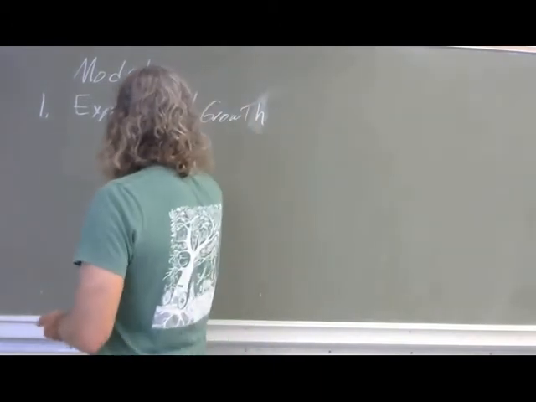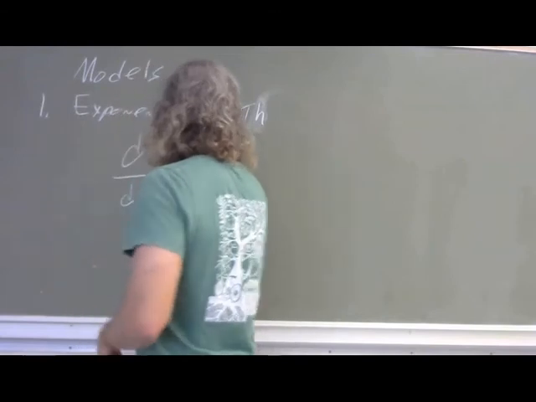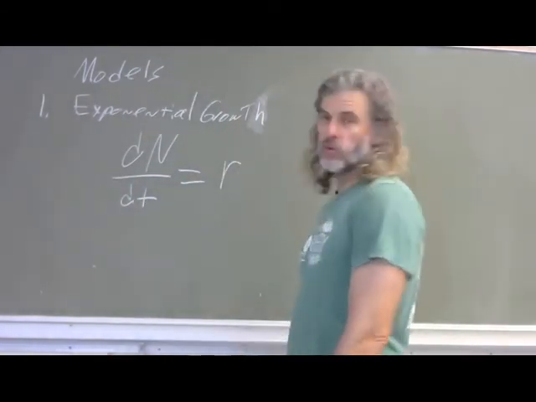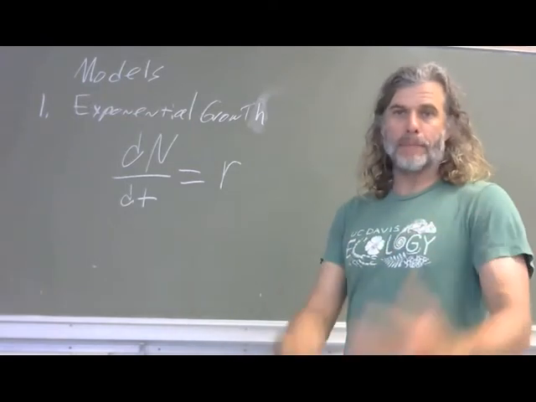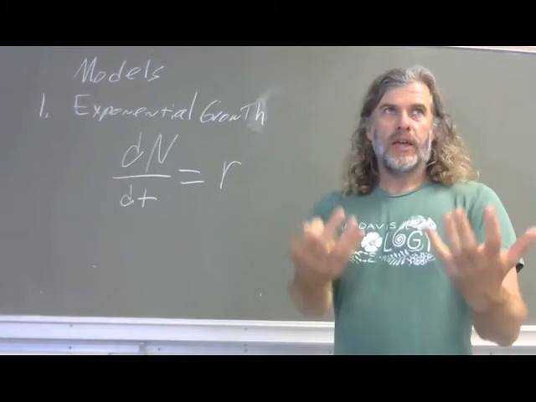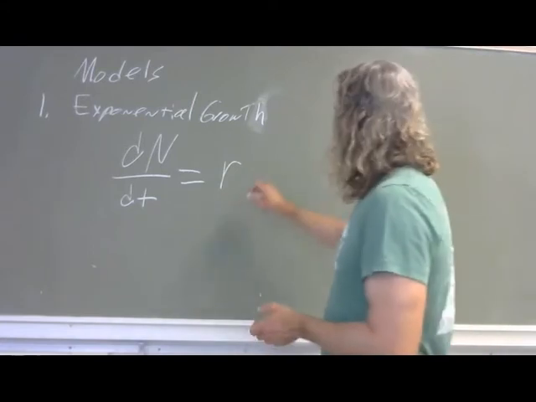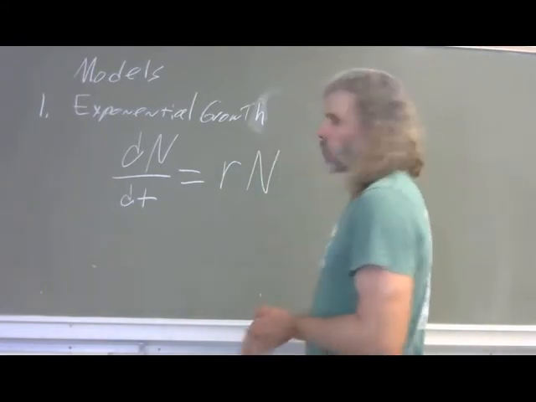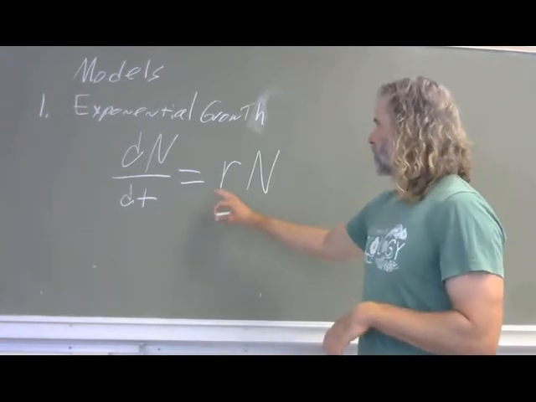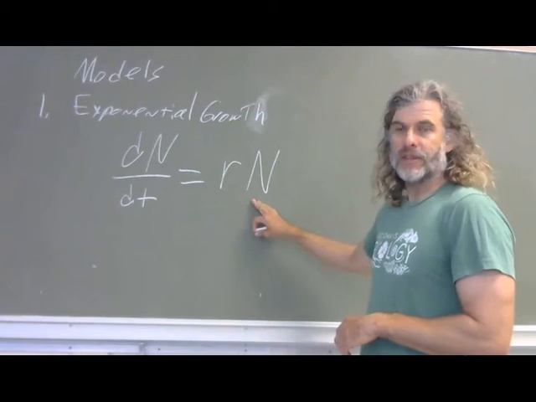So we can say that the change in a population per unit time is a function of the reproduction rate of the individuals within that population, the per capita reproduction rate, how many new individuals are born from each adult, times the total population size. Really simple, right? We've got two parameters, the per capita growth rate and the total population size.